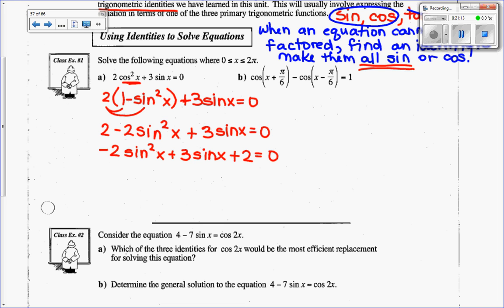Now, again, I don't like this negative 2 in front, so I'm going to divide both sides by negative 1. And when I do that, it's going to get rid of that, and it's also going to change all of these signs because I'm dividing both sides by negative 1 or multiplying both sides by negative 1. Either one will work.